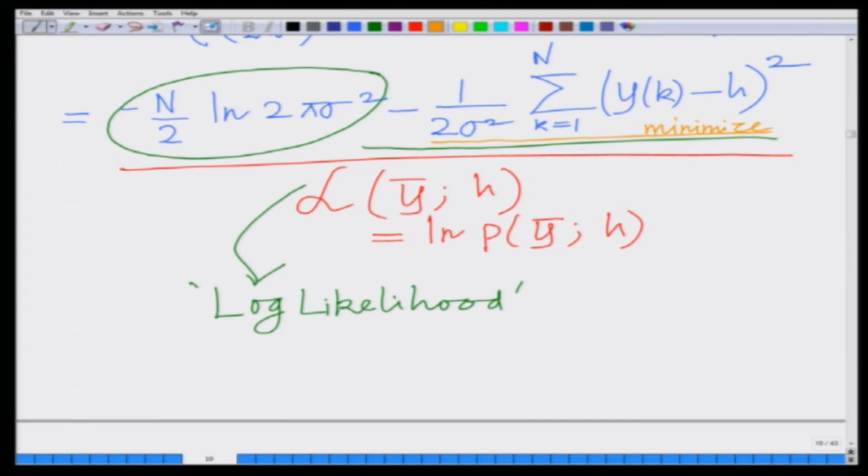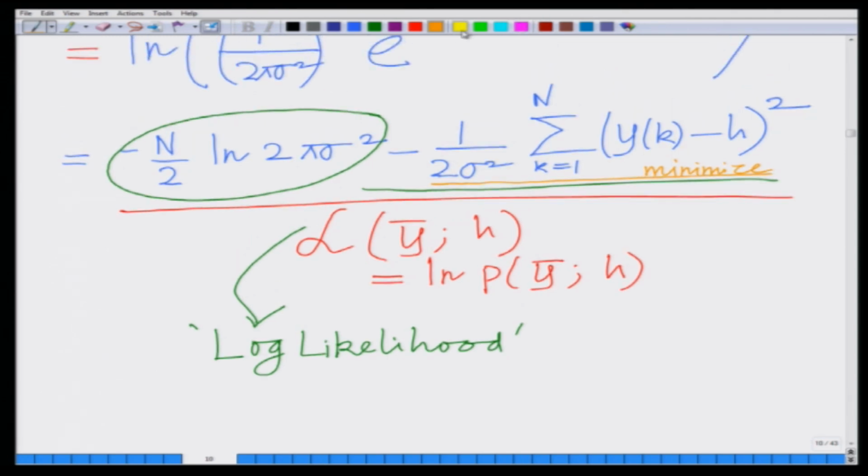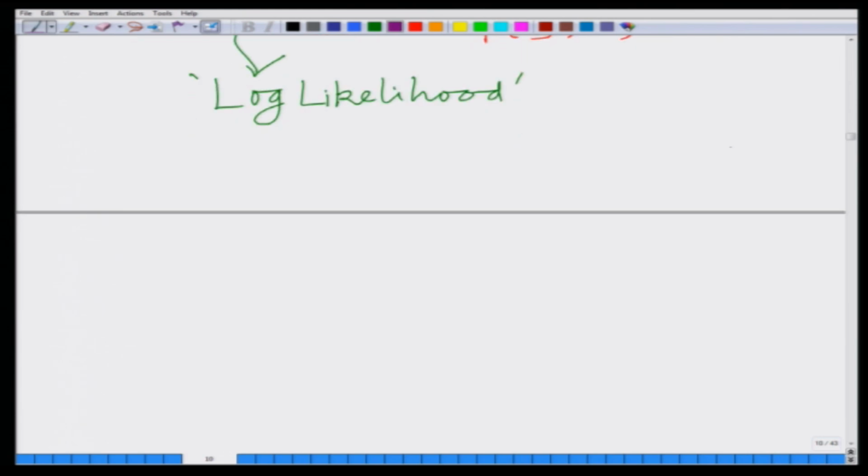So what I am saying is that, although this log likelihood function might seem complicated to begin with, it is equivalent to basically minimizing this part. And now that minimization is easy. I can simply differentiate this and set this equal to 0 to minimize summation k equal to 1 to n (yk minus h) square.